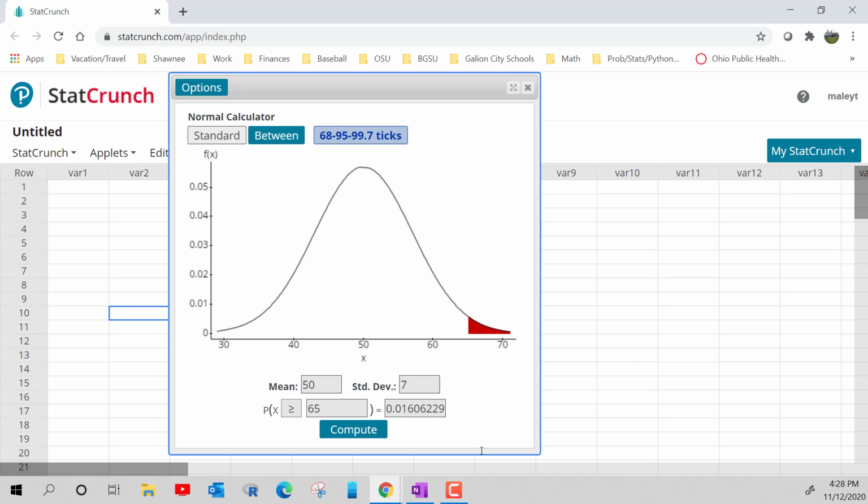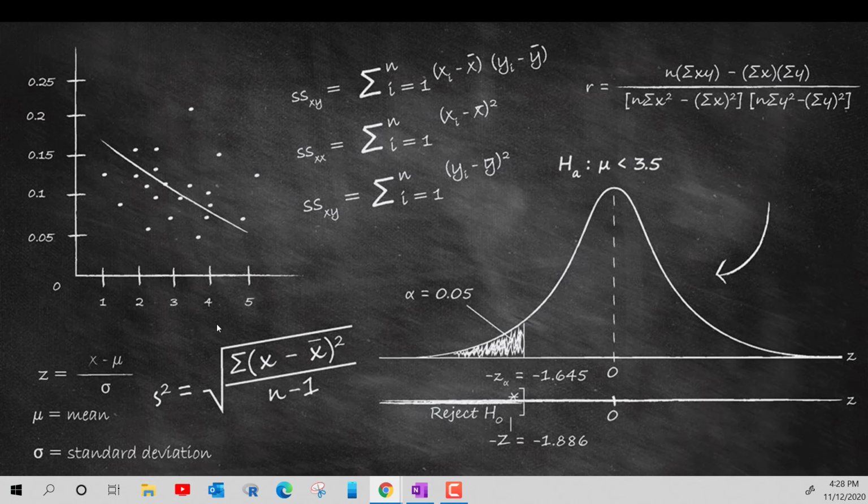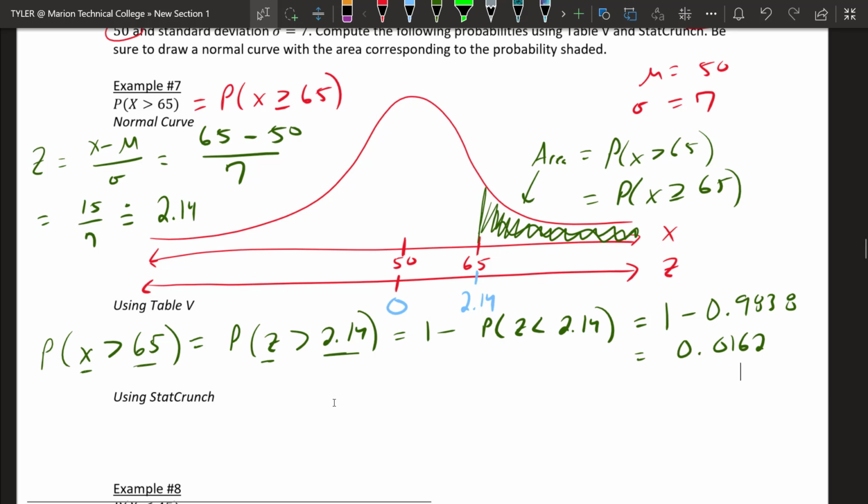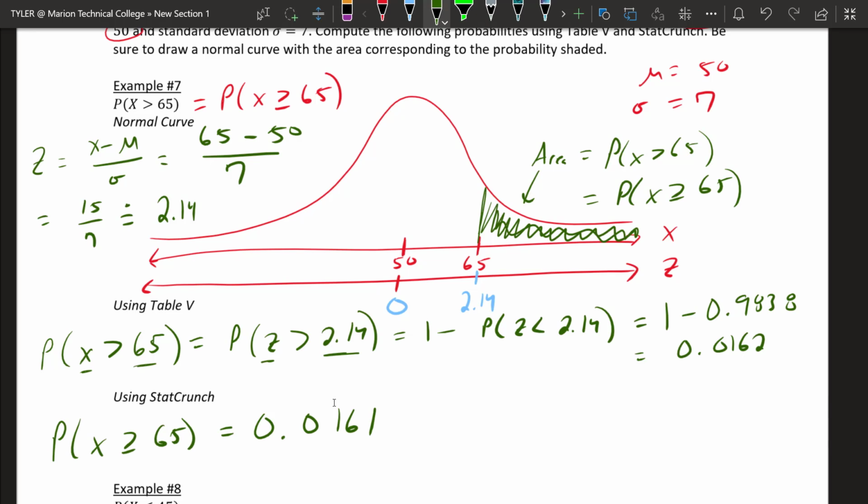Notice I didn't have to do any conversion to z-scores, which makes StatCrunch nice. So the probability that x is greater than or equal to 65 is 0.0161, rounded to 4 decimal places.